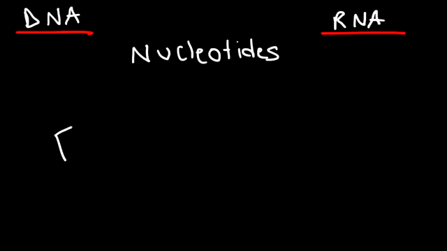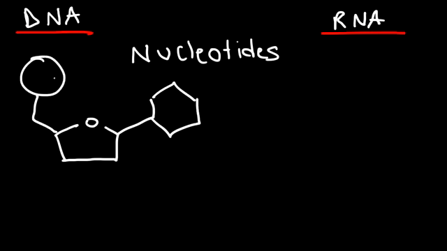Each nucleotide has a pentose sugar, a 5-carbon sugar, a nitrogenous base, and a phosphate group. So P stands for phosphate, S is for sugar, B is for base.